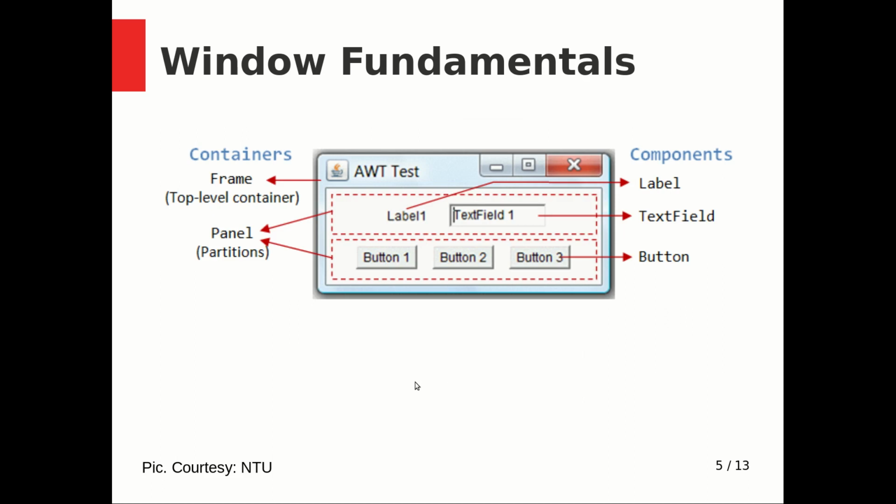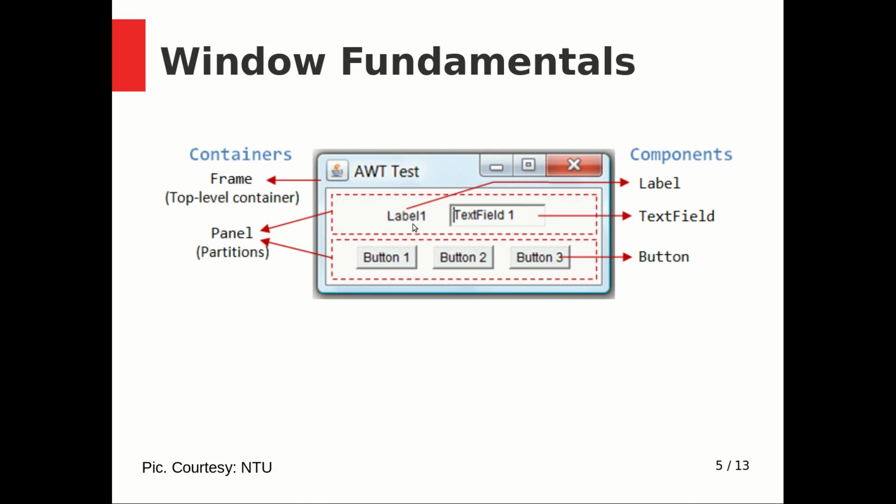This is again another visualization of some of the AWT classes. Again, we have the outermost window, which we call a frame. The frame has the title bar and these controls. The frame can contain other controls. There is another set of controls grouped together, and that is what we call a panel.